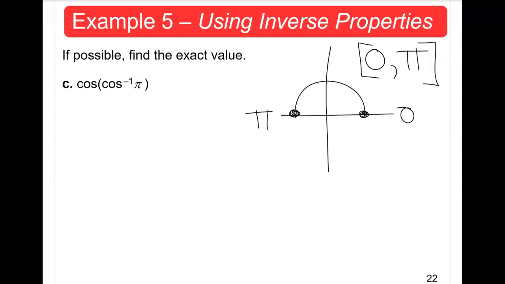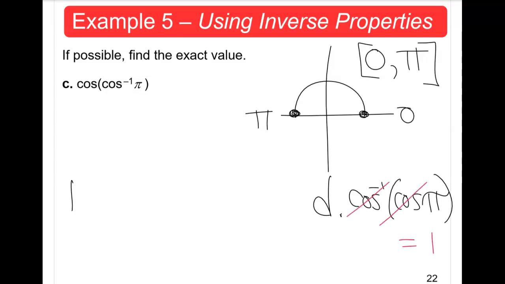Oh, actually, I just noticed this is a tricky question. So I'm going to make my own question here. Let's call this D. If the question was cosine inverse of cosine of pi, then yes, we could just go ahead and cancel here, and the answer will be pi by itself because it satisfies that condition.